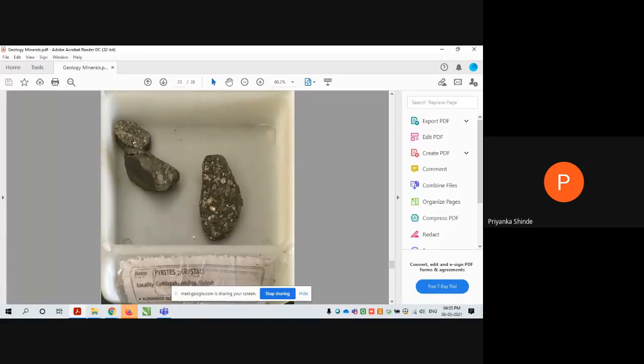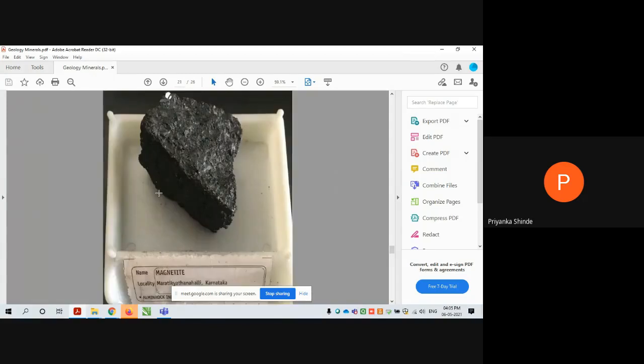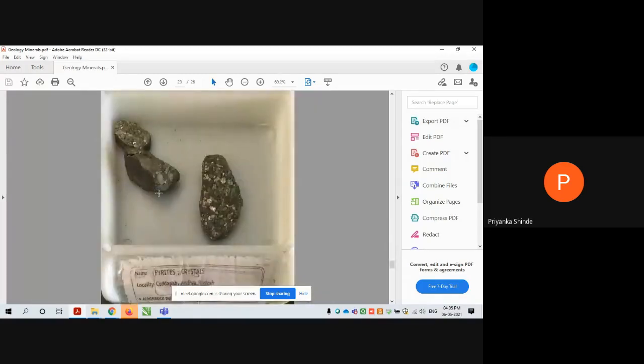So ore is basically that from which you can extract the metal with profit. So these are iron ores: hematite, magnetite, limonite and pyrite. These are the iron ores from which you can extract iron. It will have some impurities also. So that is called the ore mineral.